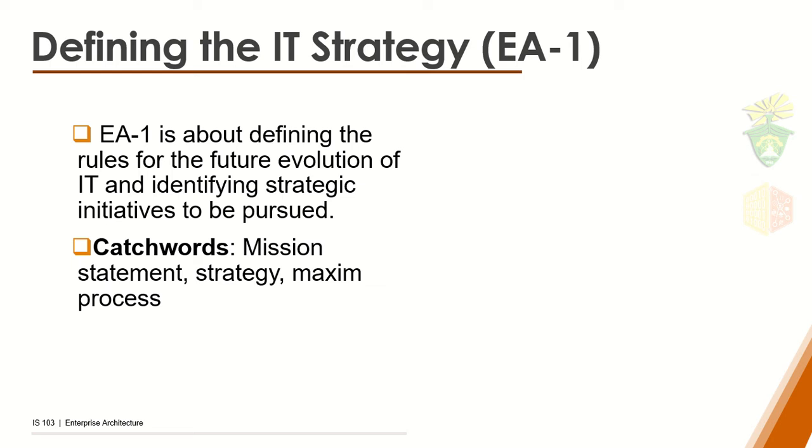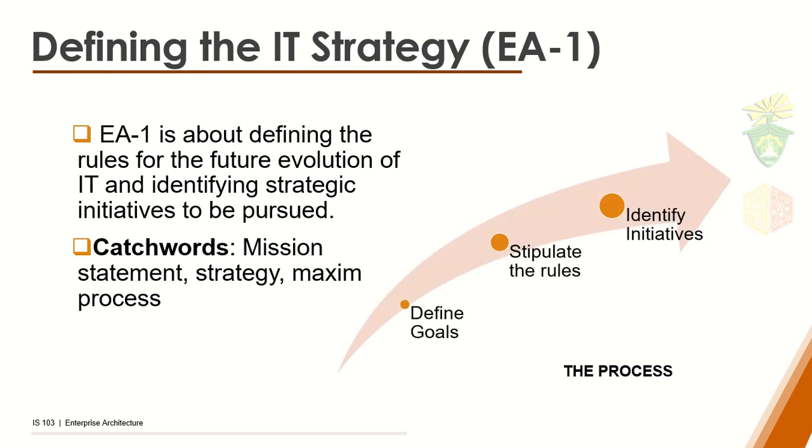The process of defining the IT strategy consists of 3 steps. First is defining the goals to be pursued over the time span covered by the strategy. Second is to stipulate the rules that dictate how these goals are to be reached.